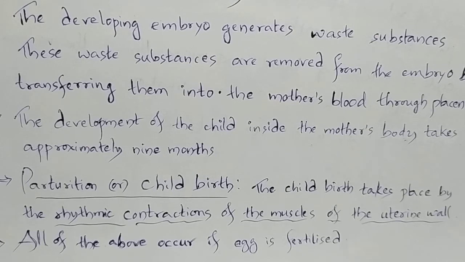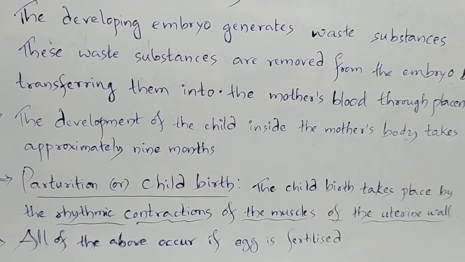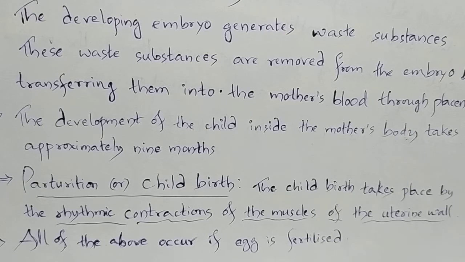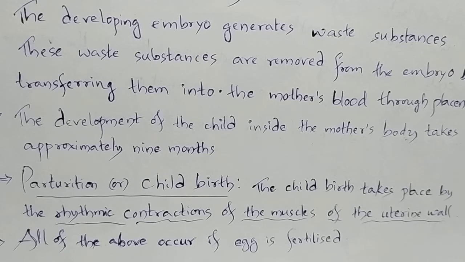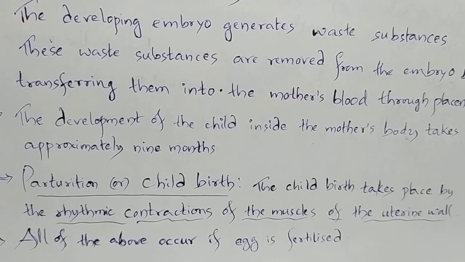So they are removed by transferring them into the mother's blood. Not directly can they be thrown out. First, the waste materials generated in the growing embryo are transferred to the mother's blood, and then through the mother's blood, by the normal excretion process of the mother's body, they are removed.